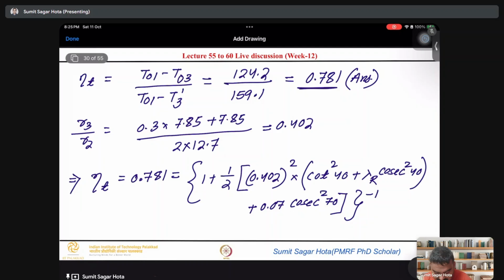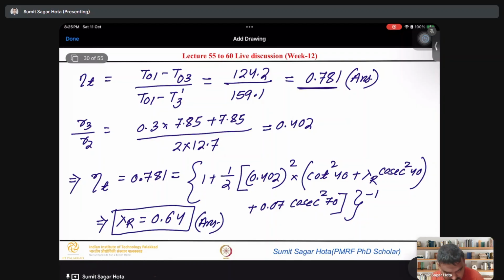Okay, so if you solve it, you will get the value of gamma r, because the gamma r is the only unknown here. Okay, solve, you will get the value of gamma r as 0.64. Okay, which is your answer.